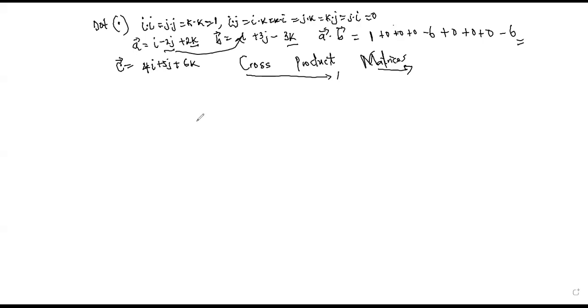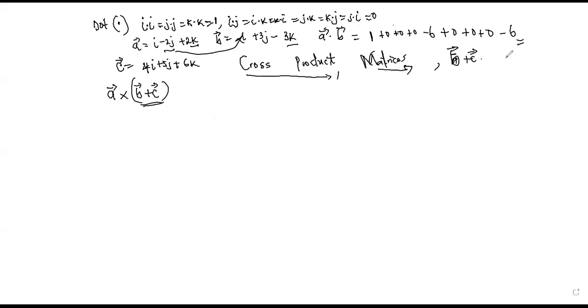Now, you can be given a question like, what is A cross B plus C? So this will test your knowledge of vector addition. For vector addition, we can do B plus C together, component-wise. So I have B plus C. For I, this is 1 plus 4, this is 5.